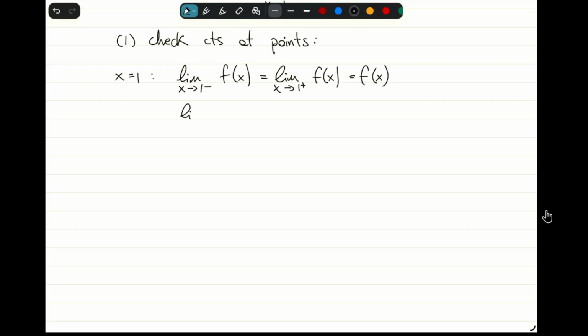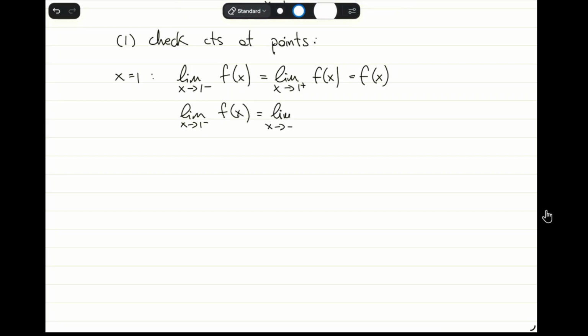So let's see, the limit as x approaches -1 from the left of f of x will be the limit as x approaches... oh, this is a -1, this is a -1, could slip, make sure it doesn't. So -1 from the left, here we put the signs here as well, and we have our negative.